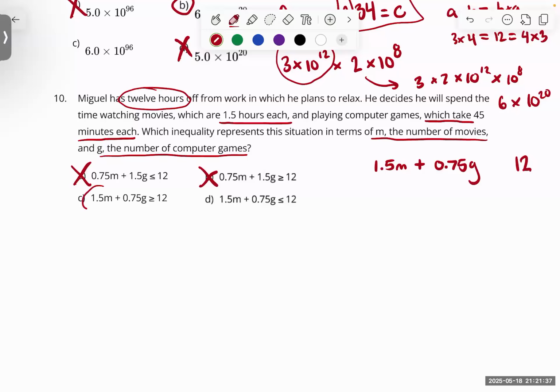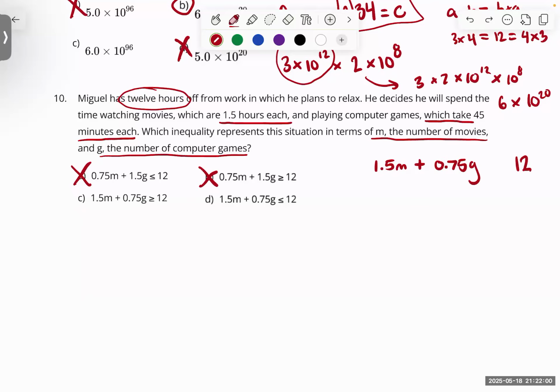We have the sum of these is greater than 12, and we also have the sum is less than 12. This is where you kind of have to think about Miguel has 12 hours off from work, which means that he can only spend 12 hours or less on his break, right? Miguel can't spend 13 hours or 14 hours to relax, right?